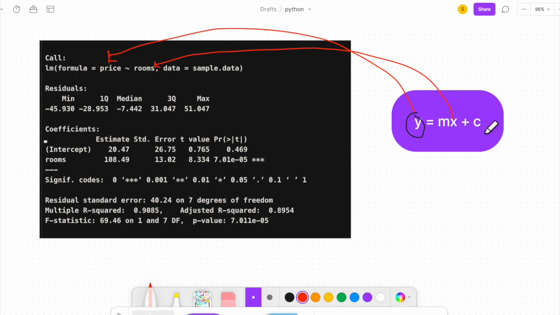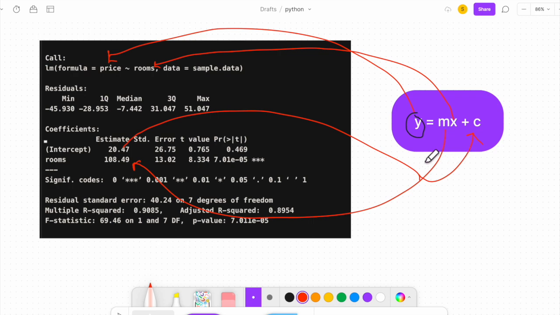Now the intercept is where the line is cutting the axis, and it is represented by this intercept here. This is the value which we get here, and the slope of the line, which is m, is this value. So now our equation is complete: y equal to mx plus c.